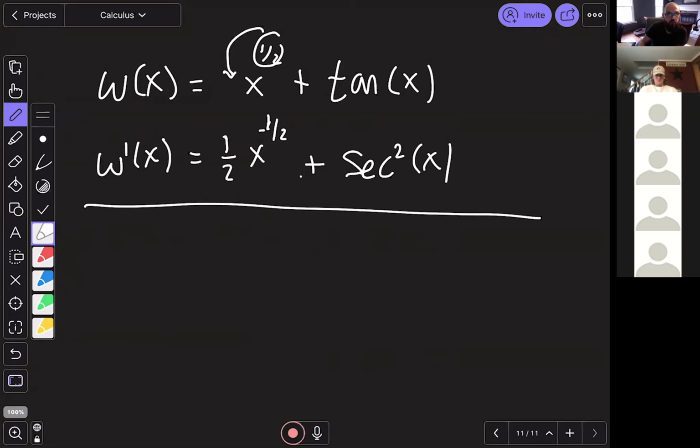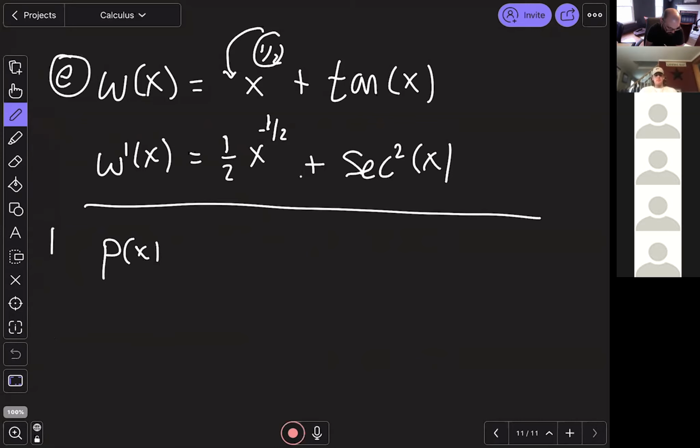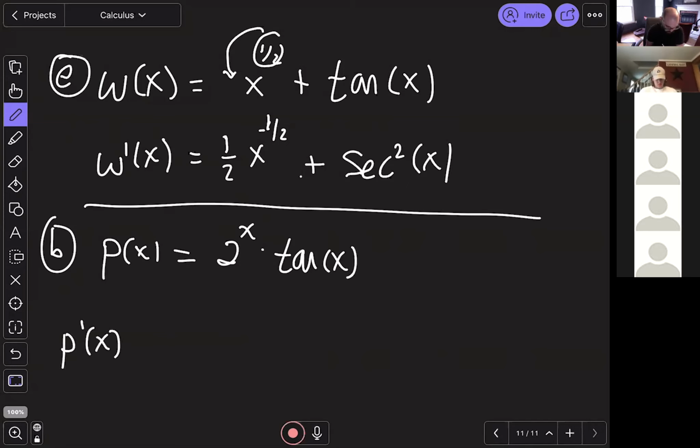And then there was a request for B. So this was part E in 2.5.1. This is part B. We have 2 to the x times tangent x. Okay, so when we look at P prime, we would use product rule.